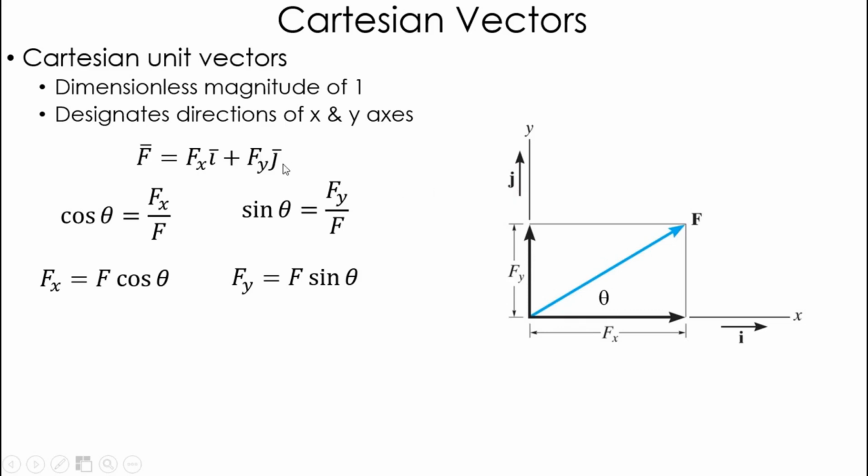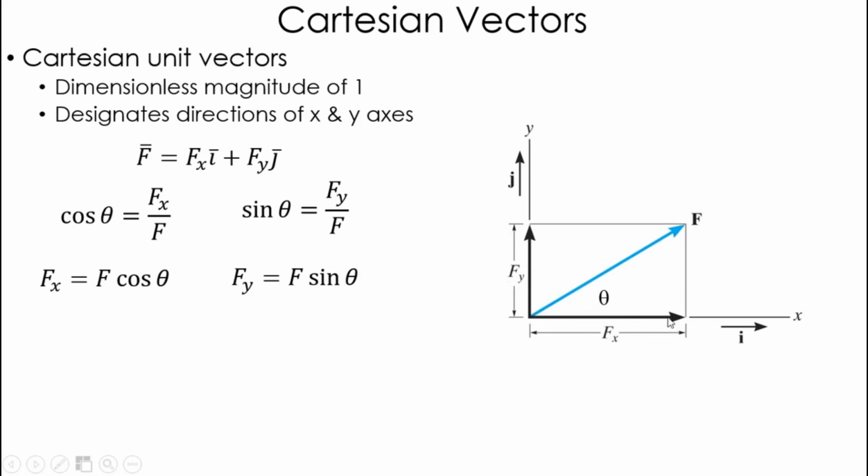So this is how I would represent a vector in Cartesian form, using the x component times i plus the y component times j. Now, oftentimes we're given this force vector and I want to resolve it into the x and y directions. I essentially want to find the x component and the y component.